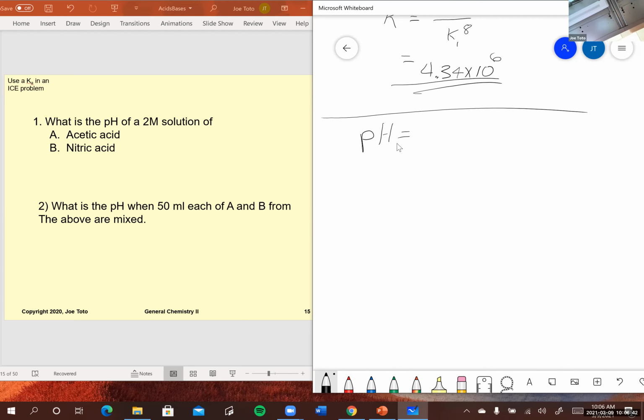What's the definition of P anything? Px equals, you guys don't remember that? All right, well, you've got to memorize this. It's minus the log of that thing. It's just a mathematical definition. So pH would equal what?